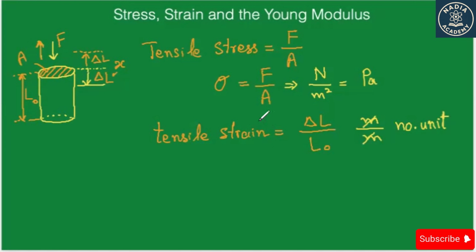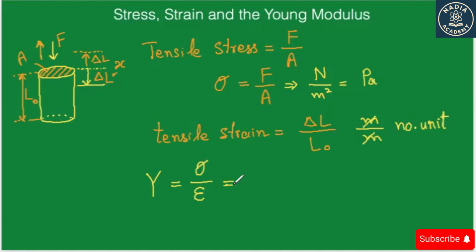The Young's modulus is simply the ratio of tensile stress to the tensile strain. Sometimes we write it with a capital Y or E as well, but here we will write it as Y because we are already using E for the elastic potential energy of the system. So the Young's modulus is simply our tensile stress divided by the tensile strain epsilon.